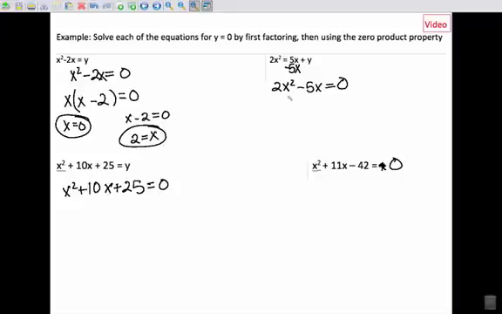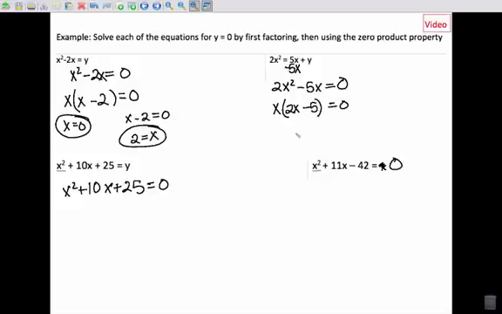Over here, again, I have to figure out what can I take out of each of these terms to get a factored form. So again, I see that I can take out an x, and if I take out an x from 2x squared, then I have 2x left. And if I take out an x out of negative 5x, then I just have a negative 5 left.